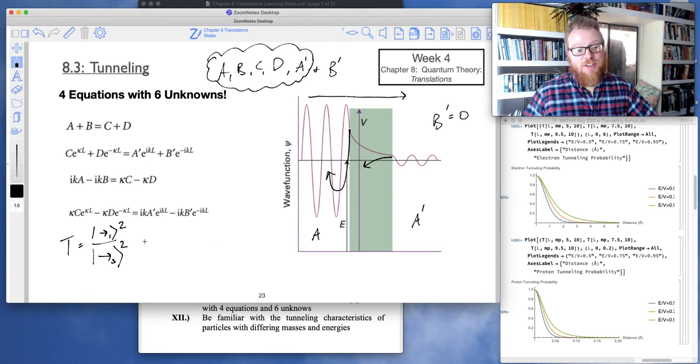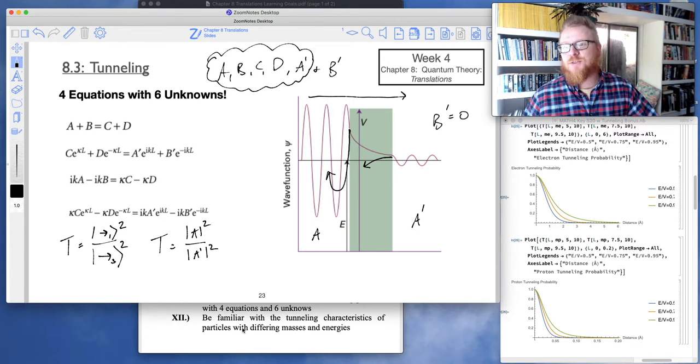So that now gives us a 5th equation where we're going to say the transmission probability is equal to the square of this A constant over the square of the A prime constant. And thus we have a 5th equation with 5 unknowns.